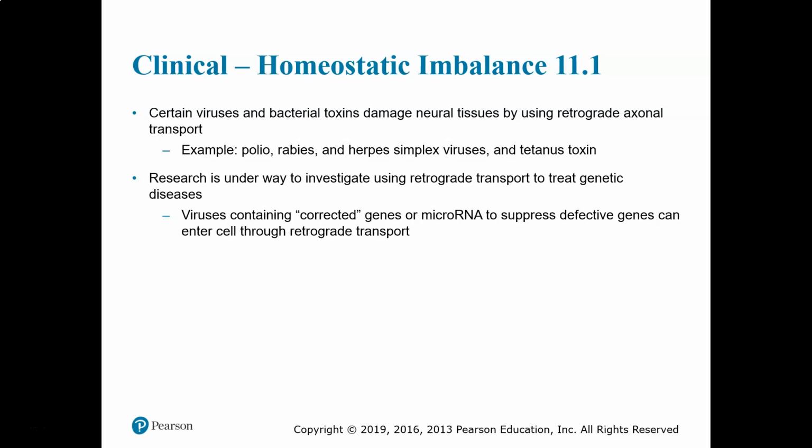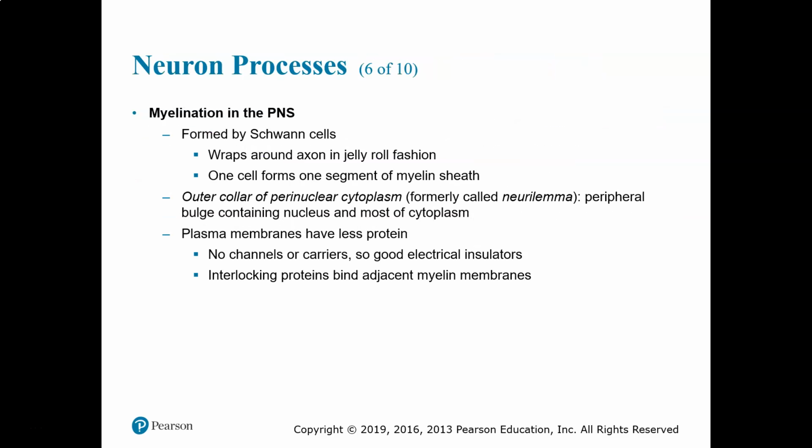Okay, certain viruses and bacterial toxins damage neurotissues by using retrograde axonal transport, carrying the virus or bacteria from the end of the axon back toward the cell body. These diseases are examples of that: polio, rabies, herpes simplex viruses, and tetanus. And we'll stop here. We'll begin with myelination in the peripheral nervous system.